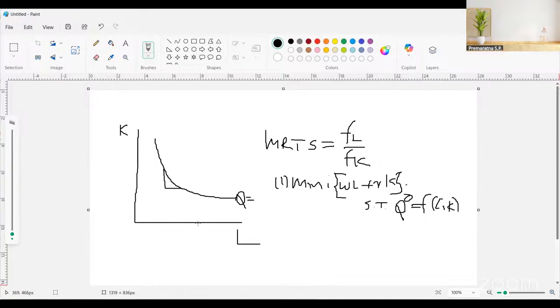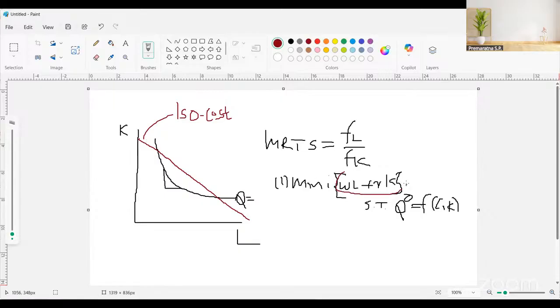For example, if you look at the isocost curve, this is what we call the isocost curve. The last time we introduced it, it reflects the cost side.